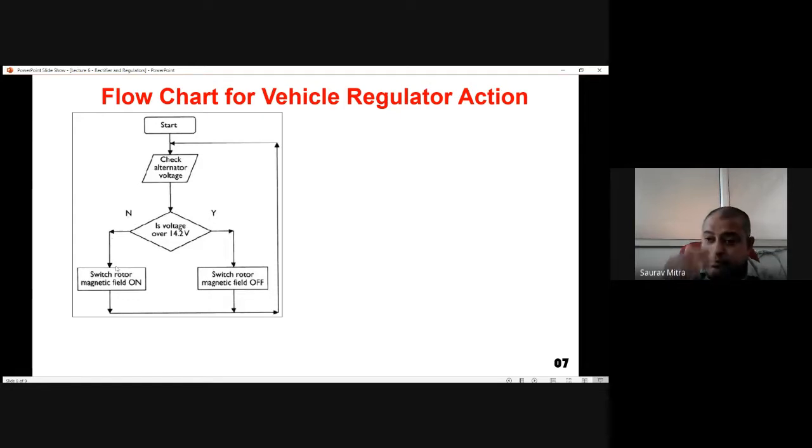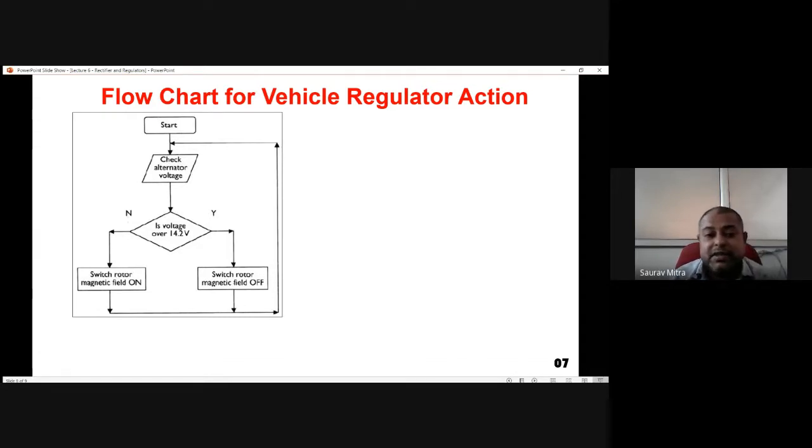So if voltage is less than 14.2 volt, that means the battery is not getting the required supply to charge itself, because to charge the battery, the best output voltage from the rectifier in the alternator is 14.2 volt. So if the alternator is producing less voltage, the rectifier output also will be less. That means the battery is getting less charge.